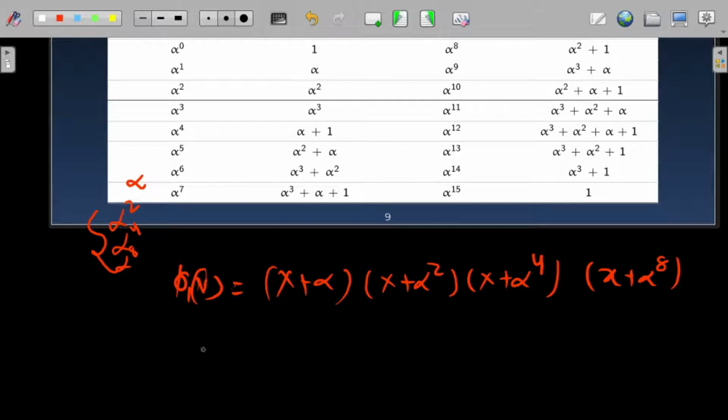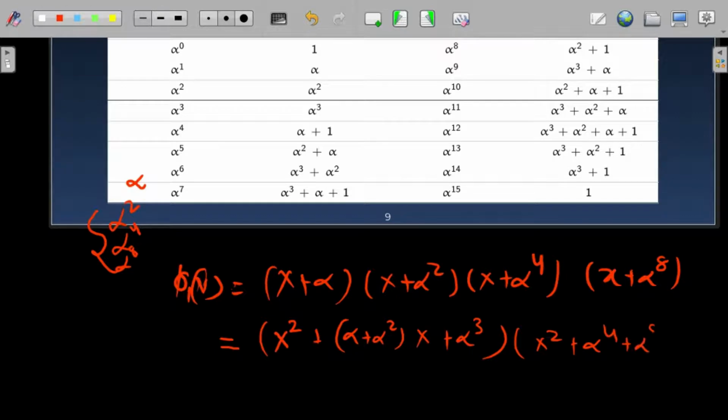Now if you multiply this, you will have x square plus (alpha plus alpha square) x plus alpha cube. This is one of the factors. The second factor will be x square plus (alpha^4 plus alpha^8) x plus alpha^12. Alpha plus alpha square is actually equal to alpha^5. Now alpha^4 plus alpha^8: alpha^4 is alpha plus 1, alpha^8 is alpha square plus 1.